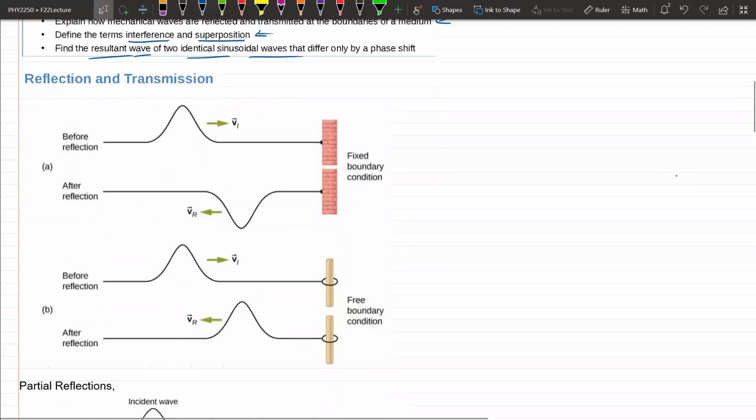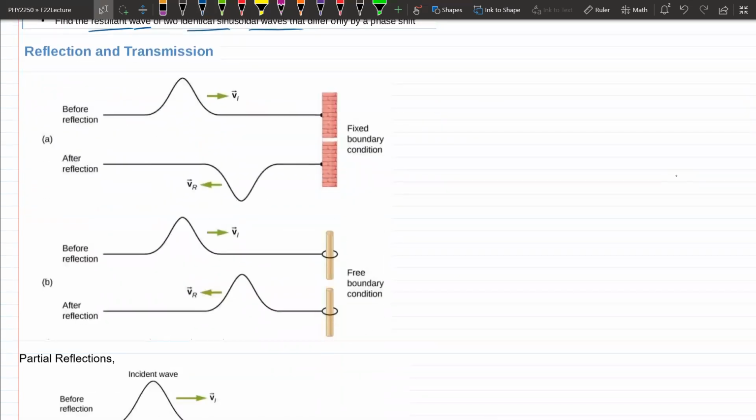So when we bounce a wave off a wall, I can probably demonstrate this on the string, but hopefully you can picture this. Let's say I have a little pulse wave, and the pulse hits the wall. When it hits a wall, it bounces back upside down.